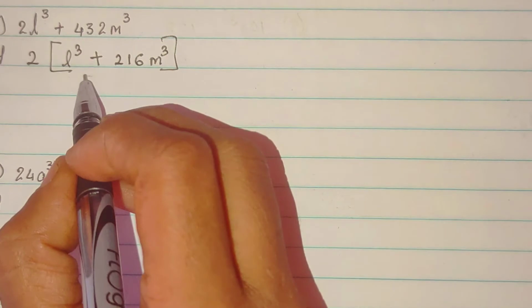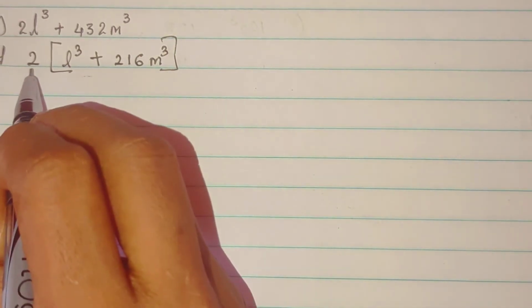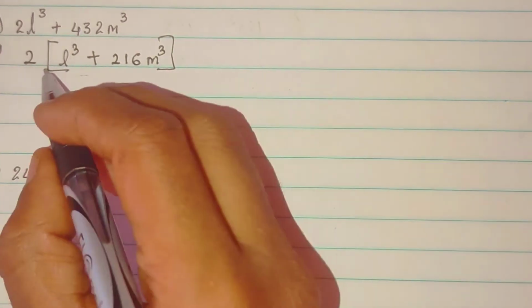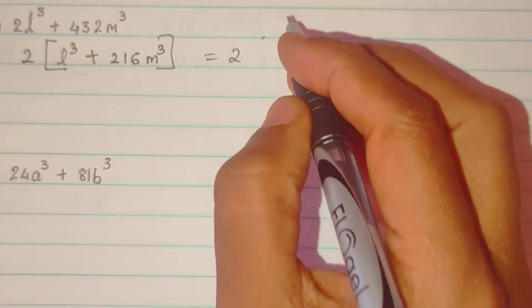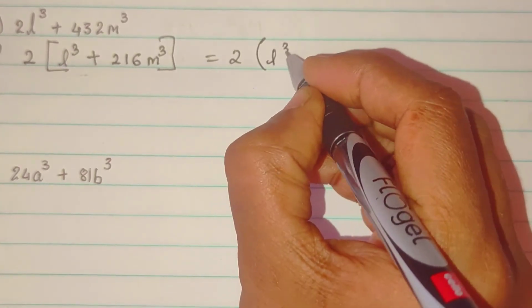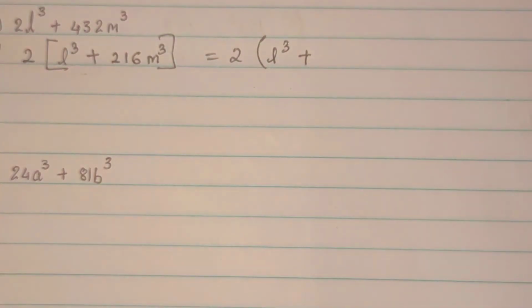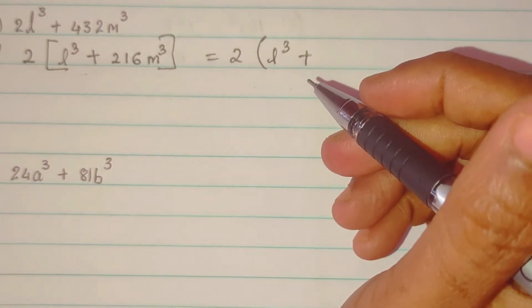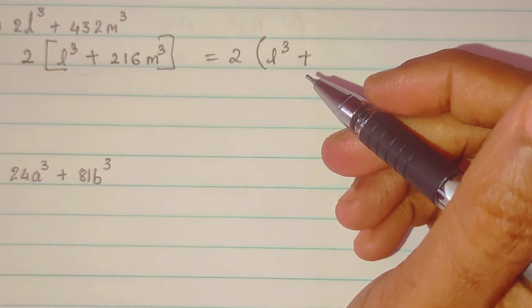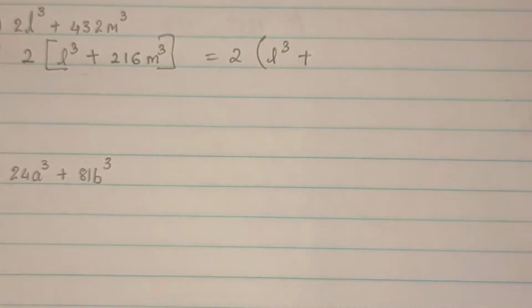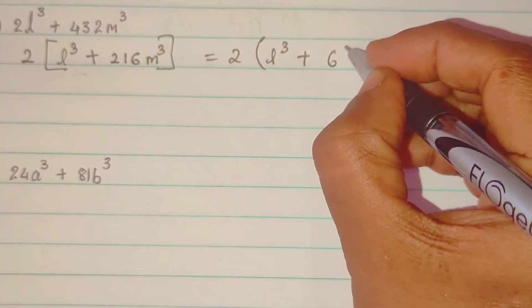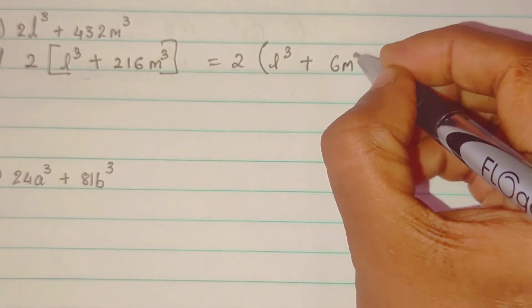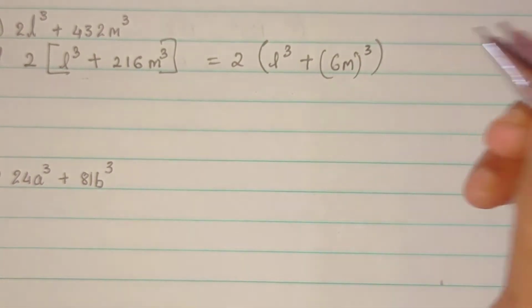We have to factorize this number and this will be in the beginning. 2 will stay as it is and then this is a. So l cube plus 216. 216 is cube of 6. And we have m, 6m the whole cube.